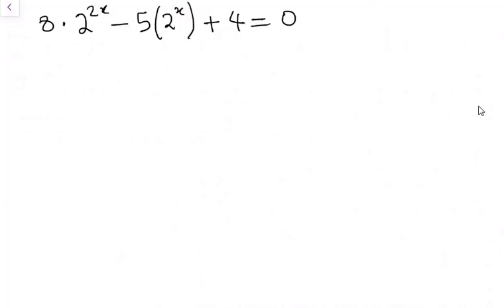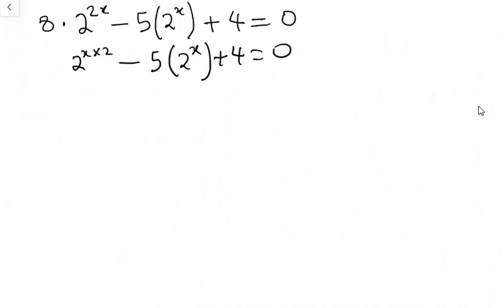There is a pattern that you will notice, and the first thing we want to do is to break it down. You notice that we have 2 to the power of x. So we have 2 to the power of x times 2 minus 5 into 2 raised to the power x plus 4.